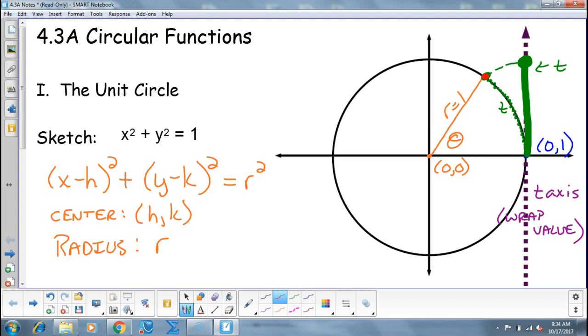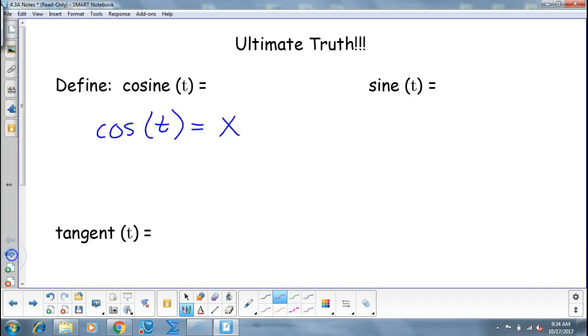That point has an x comma y, and the x value is equal to the cosine of my angle.